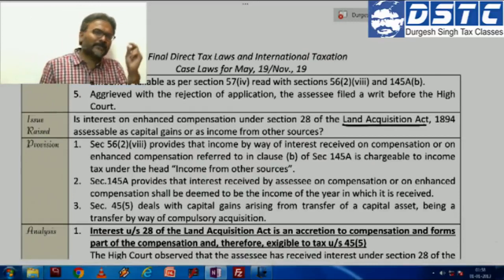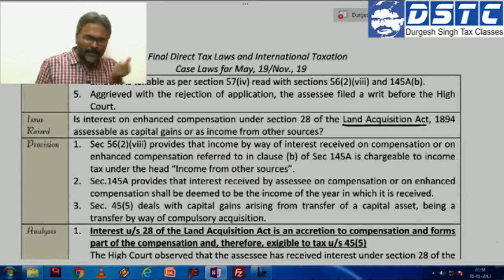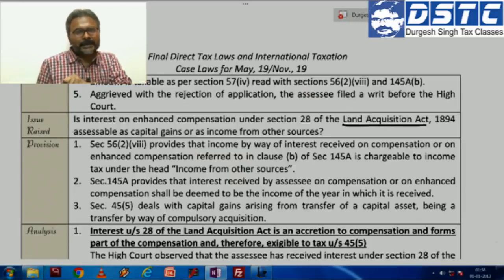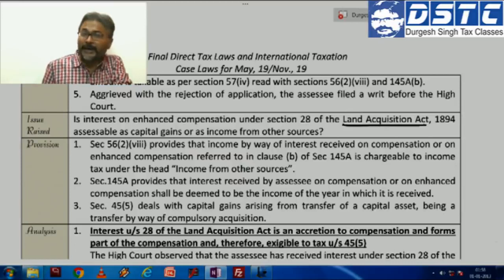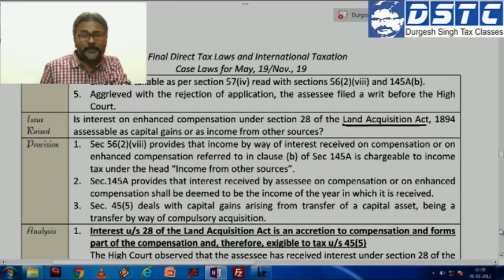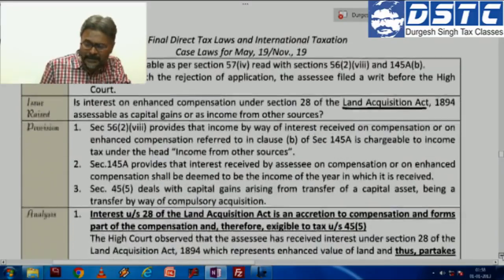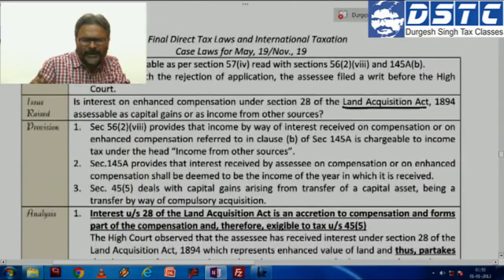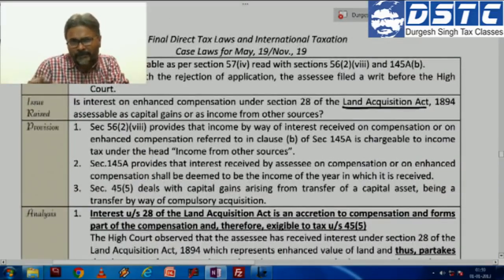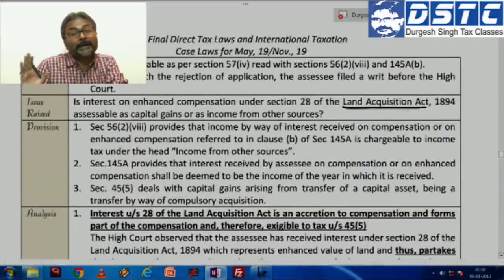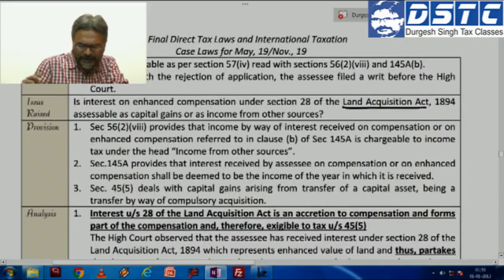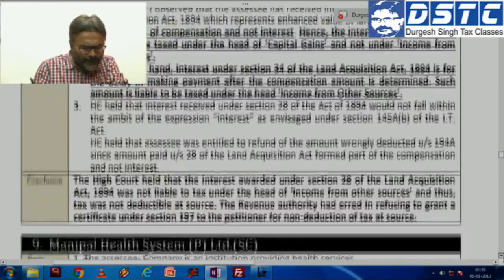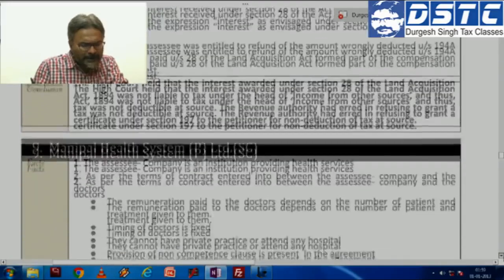Therefore, this will be like capital gains, not in the nature of interest, and therefore the payer of the amount will not be required to deduct the TDS, because for capital gains, students, there is no TDS section so far as the resident payee is concerned. Only one particular case is there, property 50 lakhs above, 194IA. So that is one section, but in any case, 194IA is not relevant in this regard.